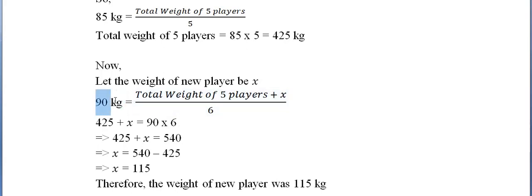So 90 kg equals the total weight of 6 players divided by number of players. The total weight of the 6 players will be 425 plus x.